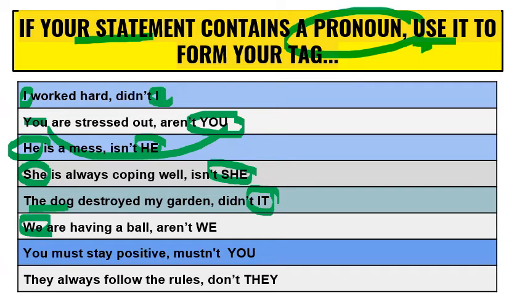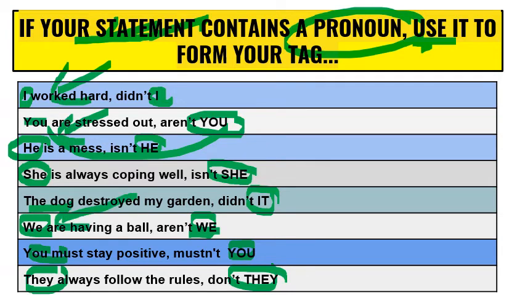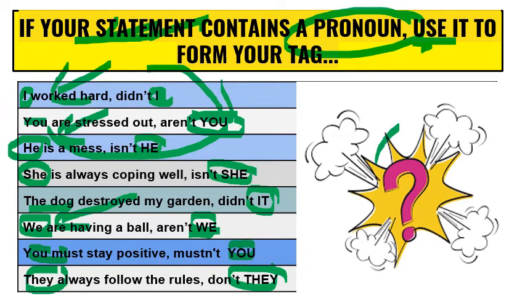We are having a ball, aren't we? You must stay positive, mustn't you? And they always follow the rules, don't they? So it's easy if my statement contains a pronoun, as in these examples, I'm just going to pop that into the back. And the ever important question mark at the end.